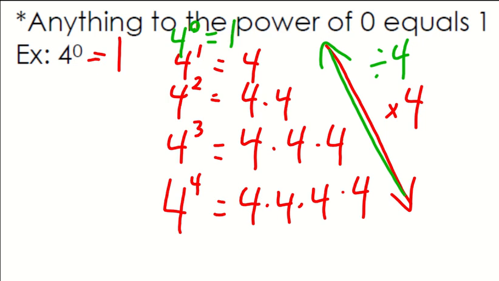That's how you get that 1. 6th grade math, we're not doing negative exponents. You'll get into those with 8th grade math and stuff, but it kind of keeps that pattern going. Like you divide by 4 as you keep going into the negative ones, okay? That make at least a little bit of sense? Like I said, if you don't fully get it, we just gotta remember anything to the 0 power is 1.